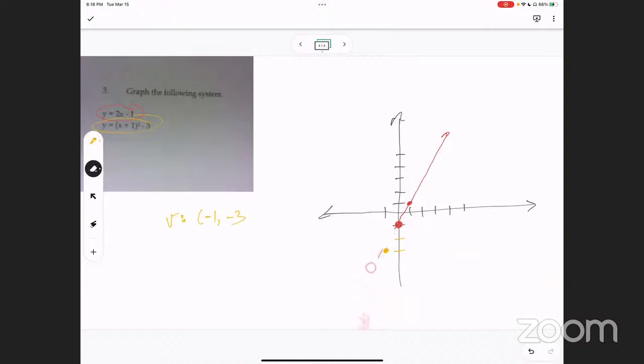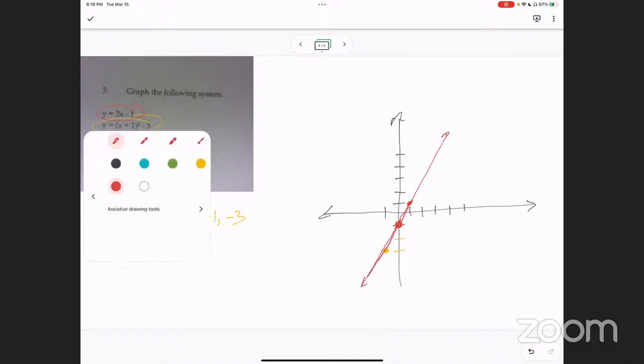That's one reason why it's good to have good graph paper to do these things, which I don't have. Close enough. So, interesting. It's on my line. The vertex is on my line. But it's not a horizontal line, so I might have 2 solutions still, right?